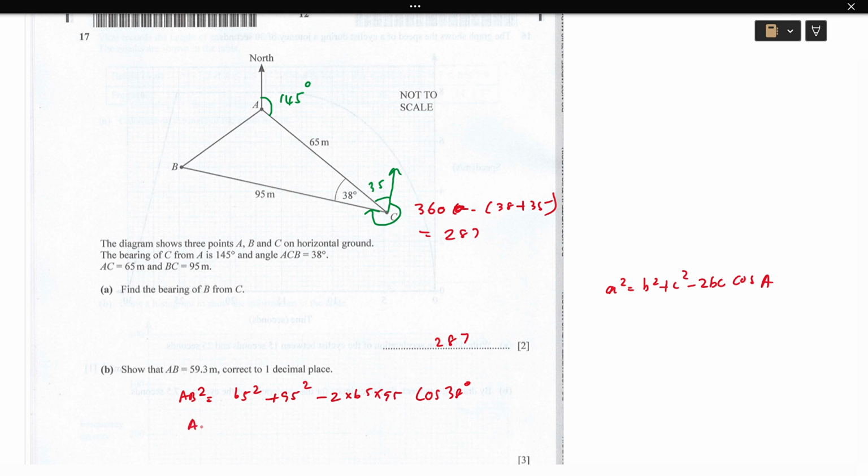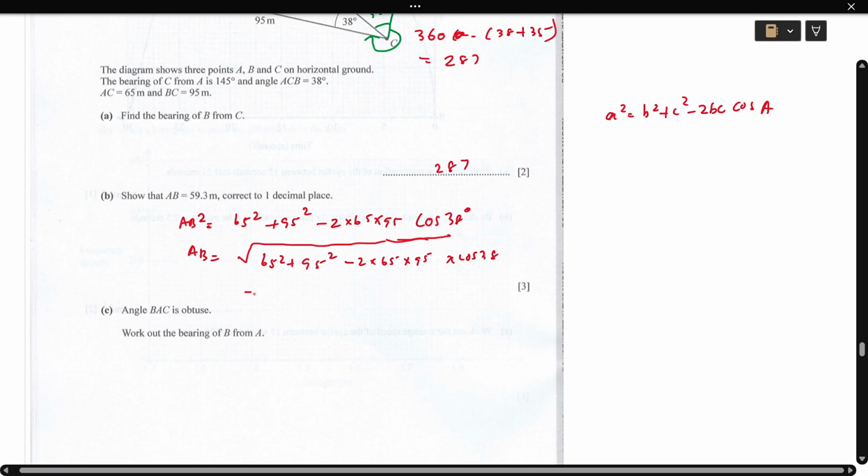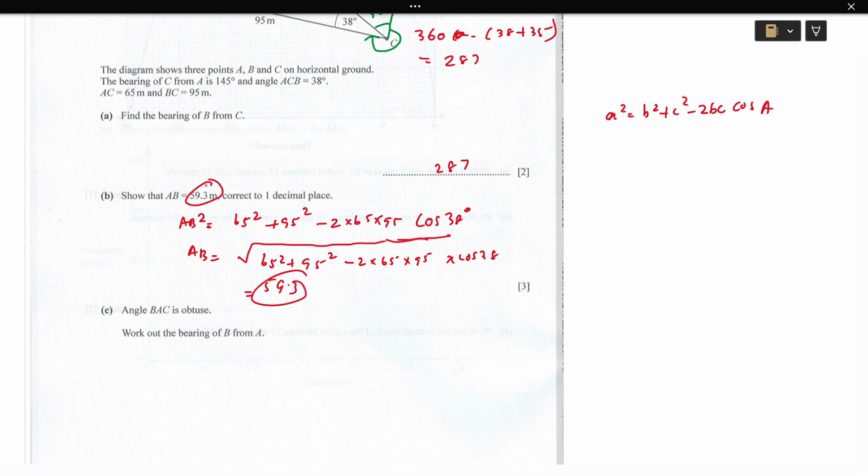So AB is the square root of this entire thing, and we'll get the answer 59.3. So we got the answer we needed to prove.